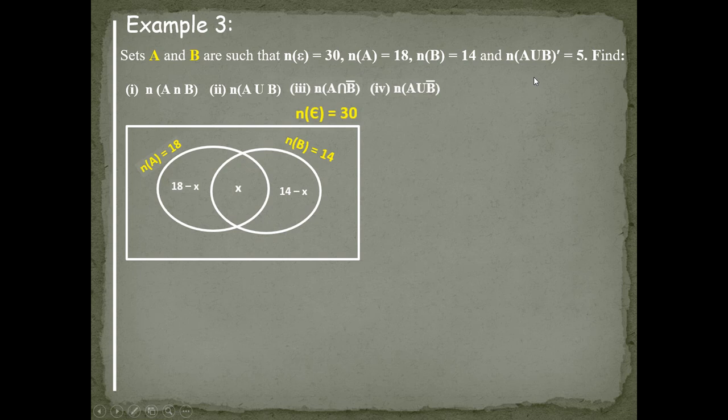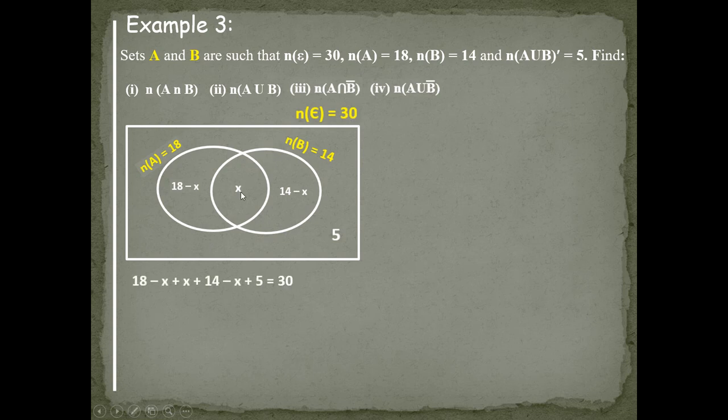Now we have more information. You see this outside the union but within the universal set. This is the union. Outside the union but within the universal set, we have 5. Now the remaining work is to add all this information and equate it to the universal set, which is 30. That will help us to get the value of x.